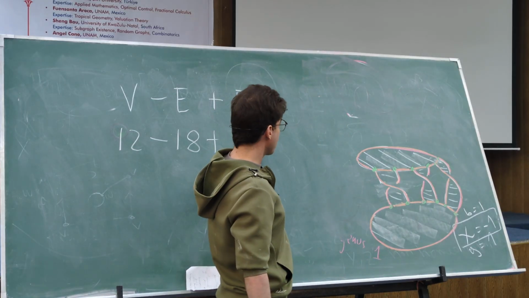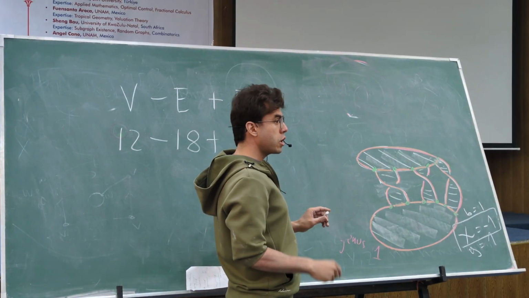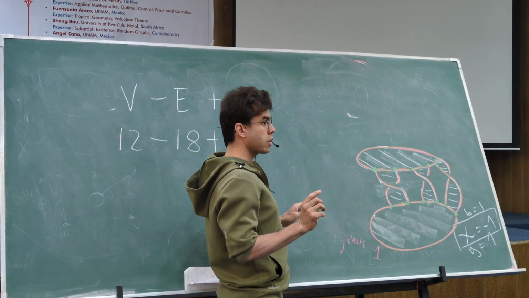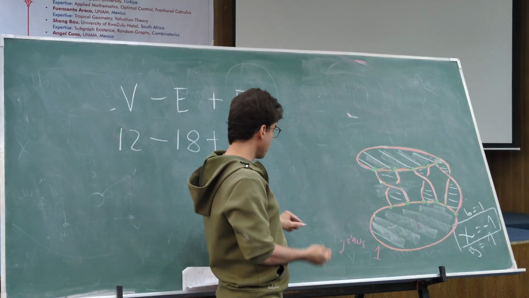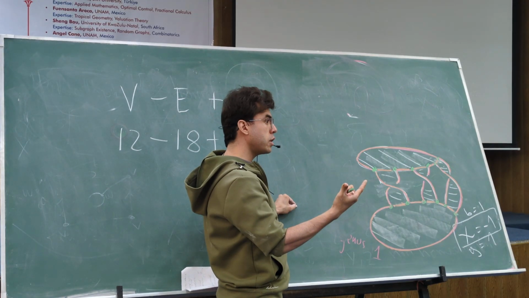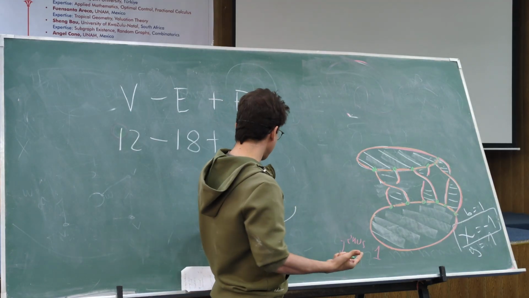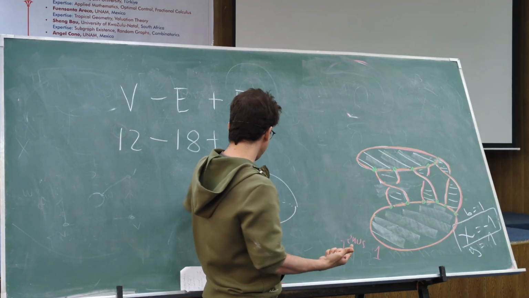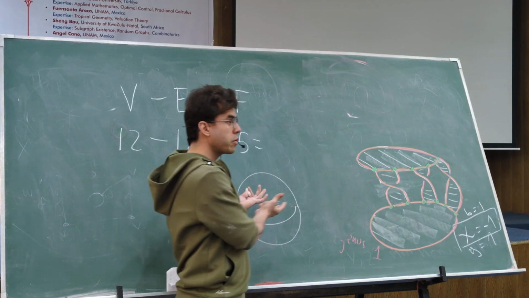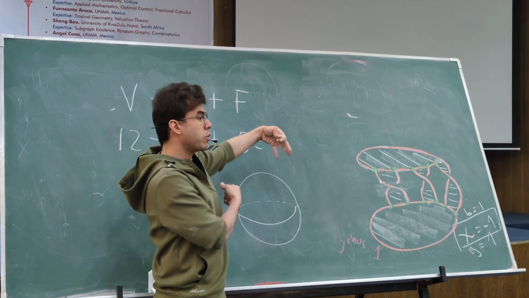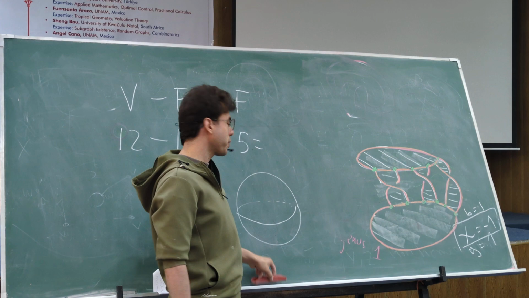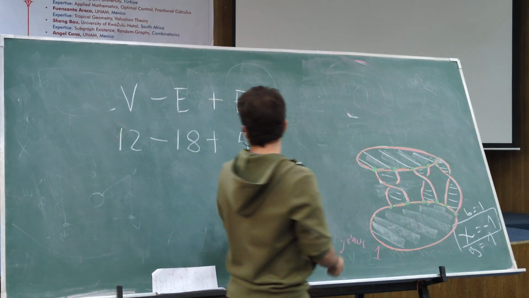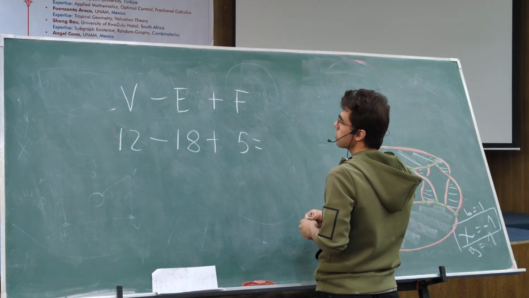What about the outside? No, there is no outside here, like in the torus, there is no outside. When we do it in the plane, there is an outside, but it's because we are thinking that the drawing is in a sphere. So the outside is inside. So which number is this?